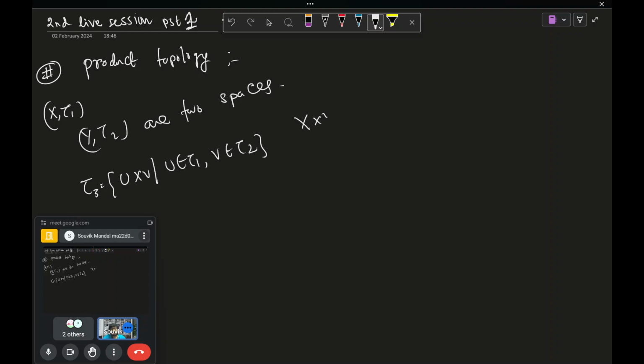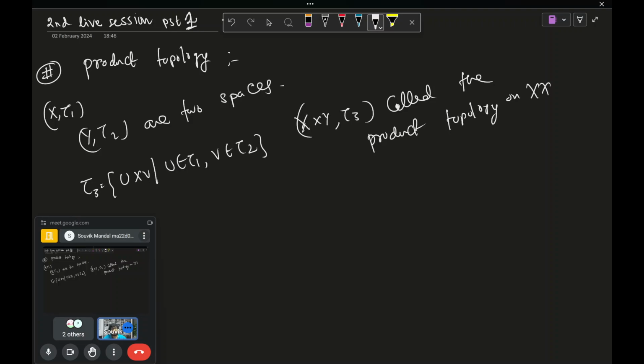Then X cross Y, endowed with the topology tau 3, is called the product topology on X cross Y.